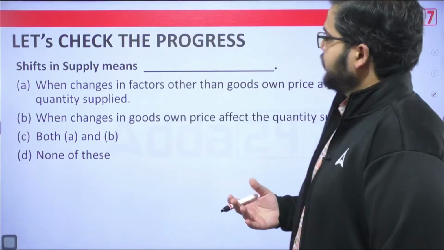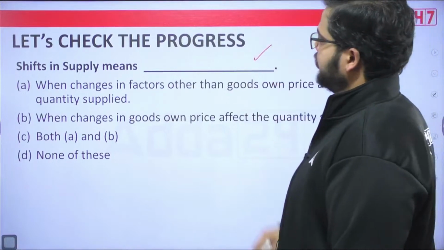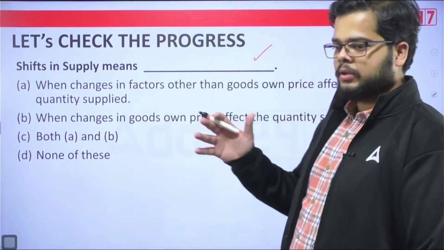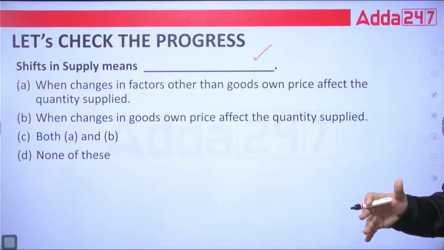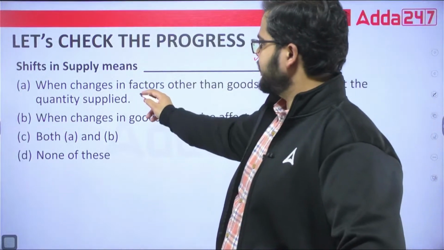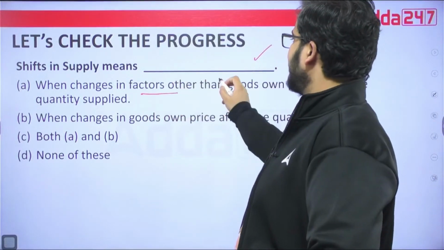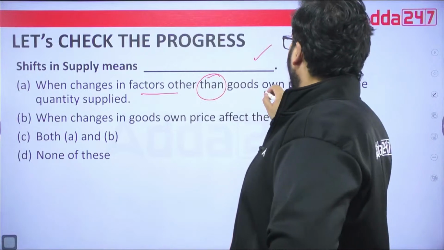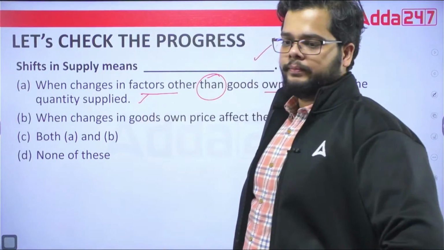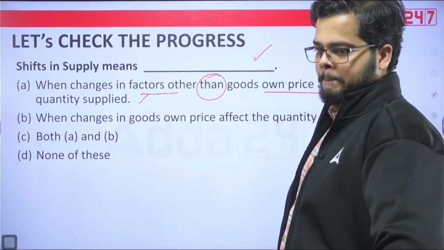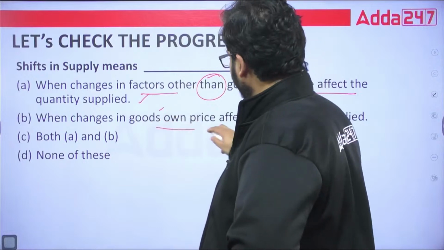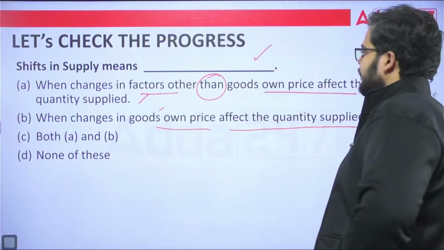Fine. Shifts in the supply means what? The graph which we just saw, what does it imply? Does it imply that changes in factors other than the goods' own price affect the quantity supplied? Or that changes in the goods' own price affect the quantity supplied?